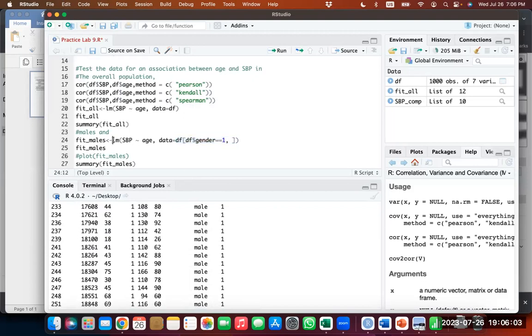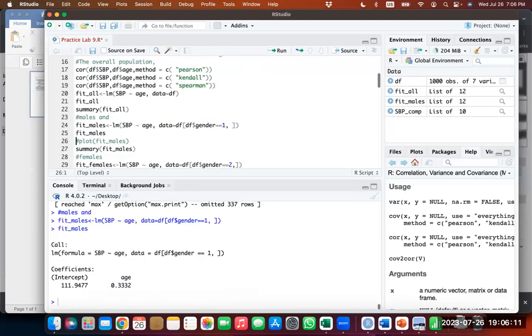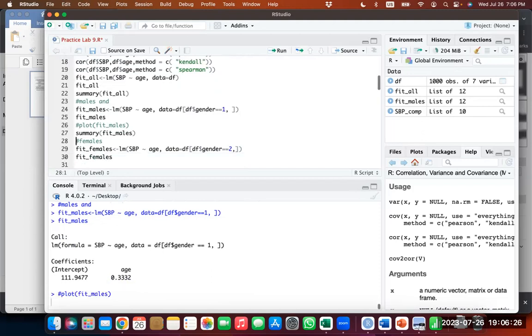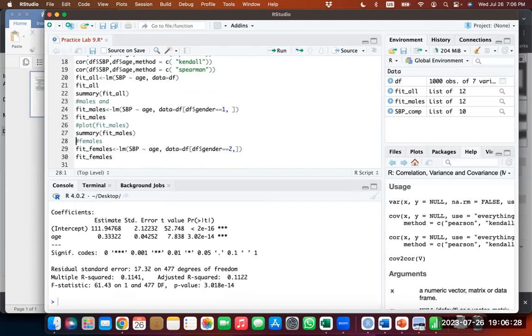So when you run this linear model, fit males, lm of SBP restricted to gender equals 1, you only get the fit in males. What do we see? In males, the intercept is larger. We had 101, now we have this larger one. Well, I'm not doing summary. Okay, line 27 runs the summary.